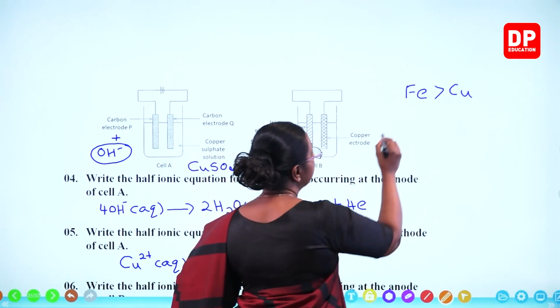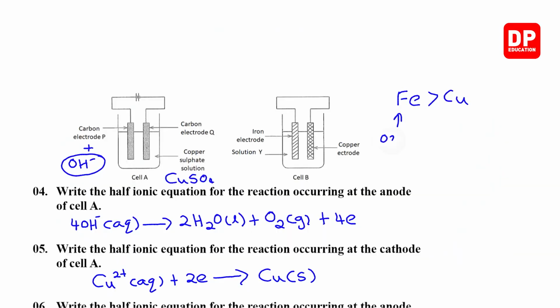So because of that, iron undergoes oxidation. So copper will act as the cathode because reduction will occur there. So that is how we identify the metals.